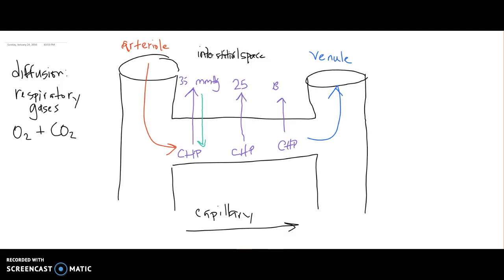This is called the blood colloidal osmotic pressure, which we abbreviate down to the BCOP, and it has a pressure of about 25 millimeters of mercury, and it stays the same all the way across. So all the way across it stays at this 25 millimeters of mercury.